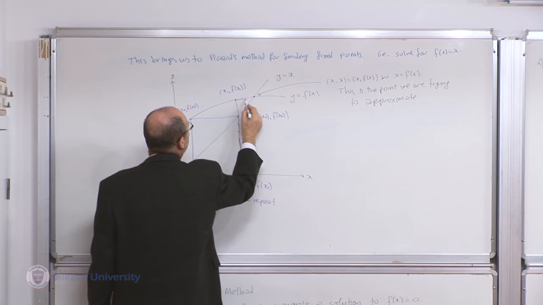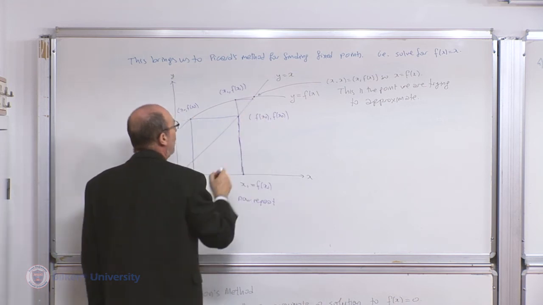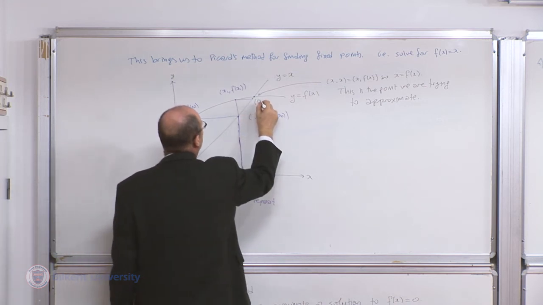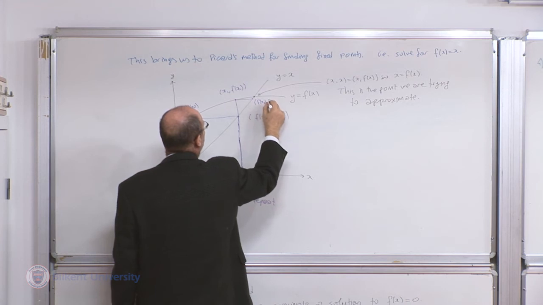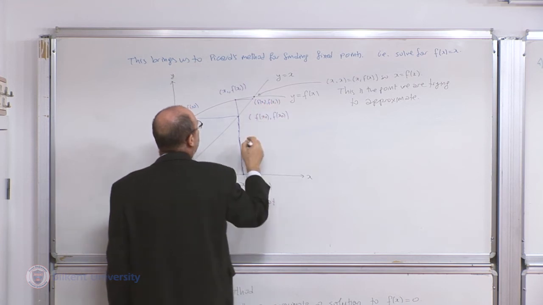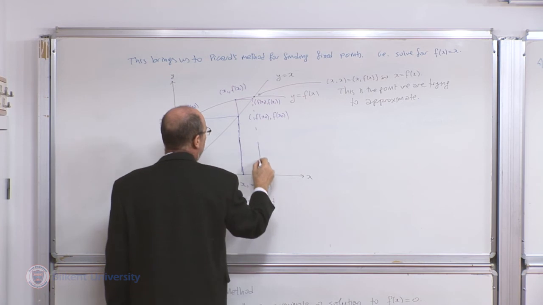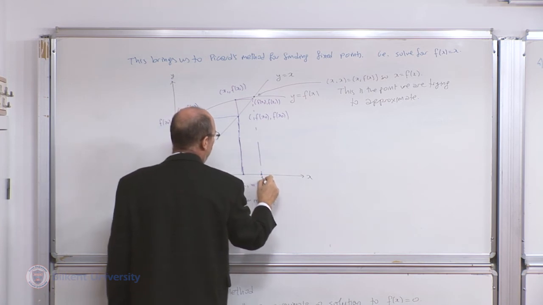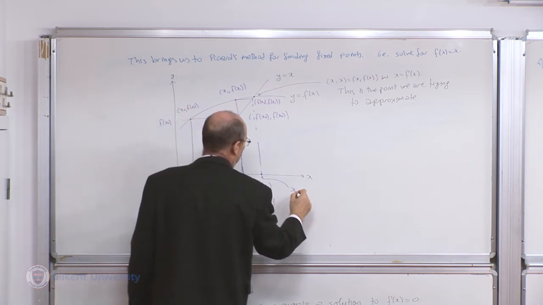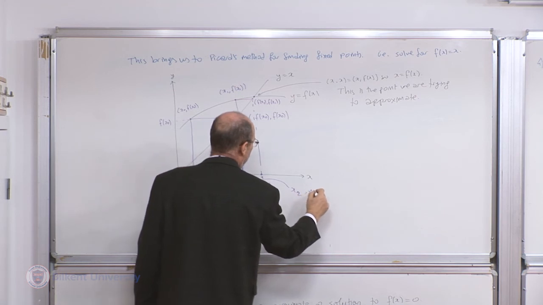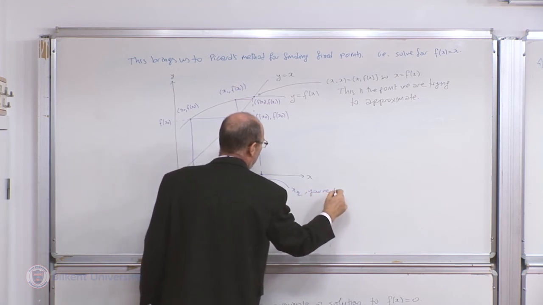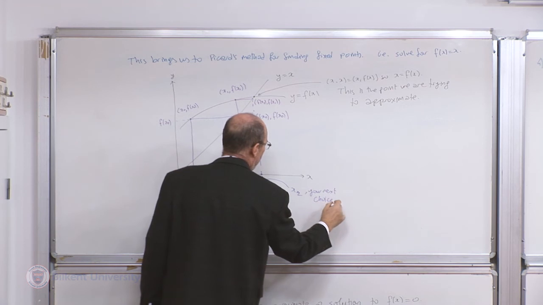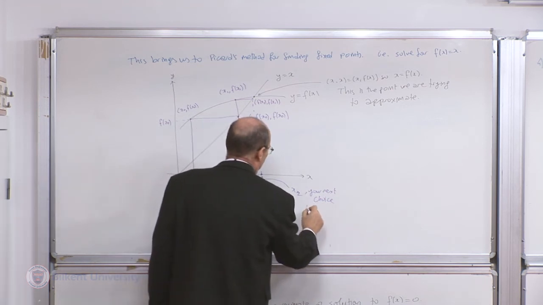Then you go like this, and you calculate this point, f of x1, f of x1. Okay, and now this is your next choice, x2. Your next choice. Keep going.